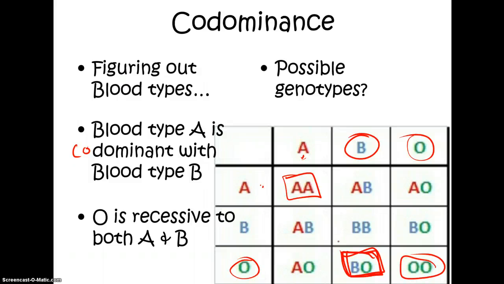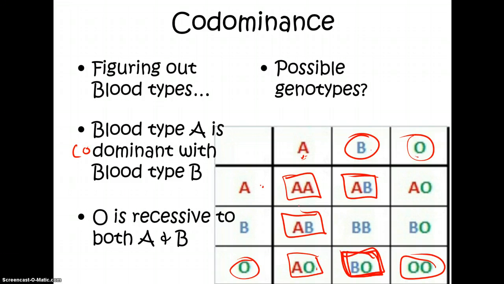Okay, if you have A-type blood and you get together and have an offspring with someone that has O-type blood, then they're going to have A-type blood. Okay, if you have AO, that's just A-type blood. If you have BO, that's just B-type blood. If you have AB, then it's AB blood type.